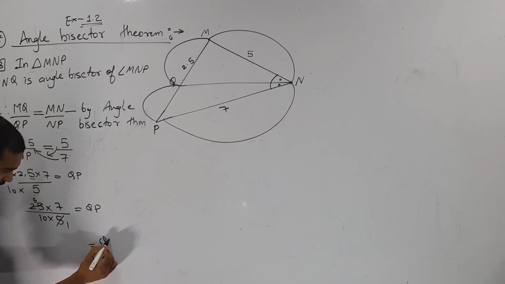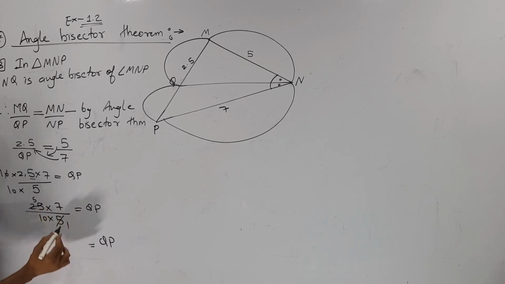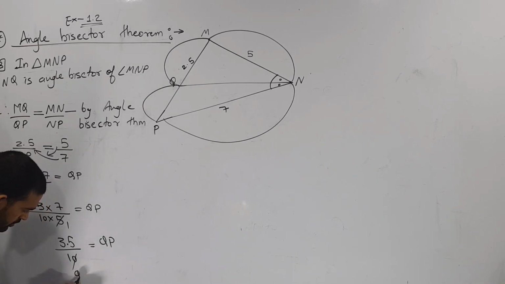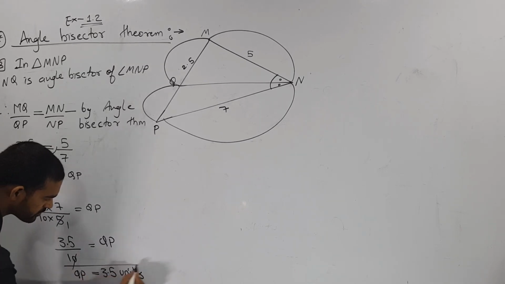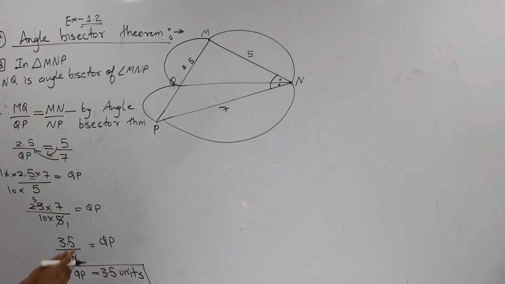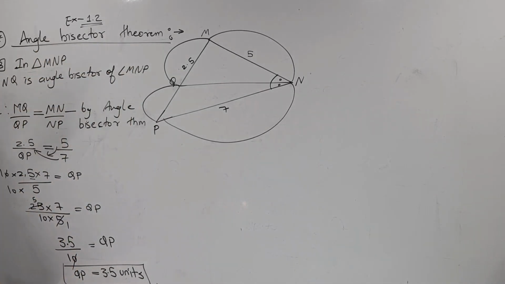So 5 sevens are 35 upon 10. Here there is a 0, so I'll put the decimal after 1 digit. So my answer is QP is equal to 3.5 units. Clear, students? This is how we use the angle bisector theorem in your textbook exercise.